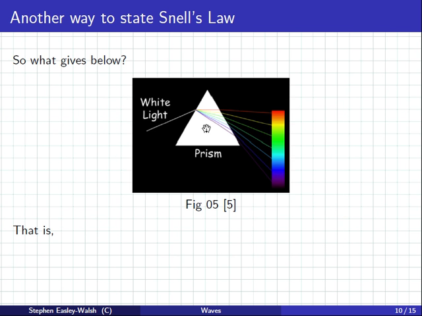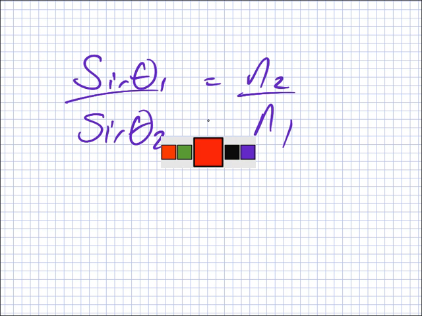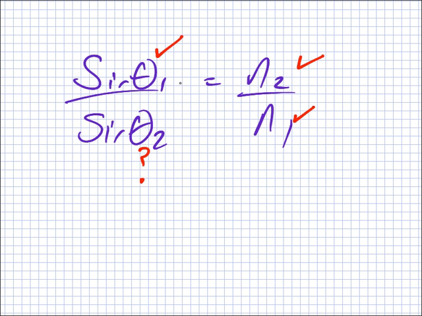The glass. Or if you look here and here, what's the n1? The glass. And what's the n2? It's the air. Is theta 1 the same? Yes. Is theta 2 the same? No. You have different theta 2's, don't you? But why? Because this is the same, this is the same, and this is the same, so shouldn't this be the same? Well, no. One of these 3 things is not the same.